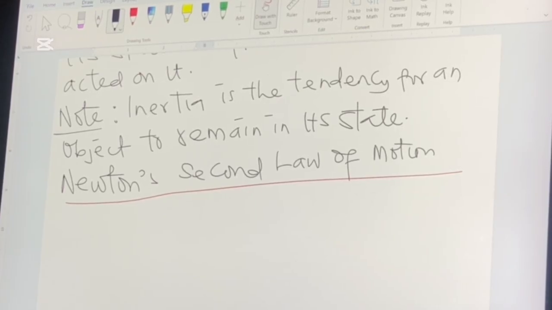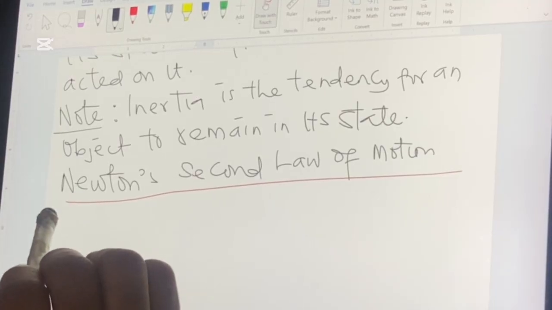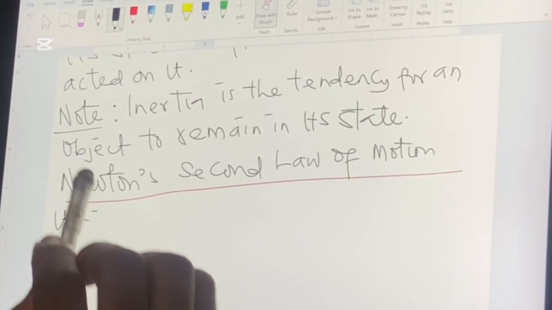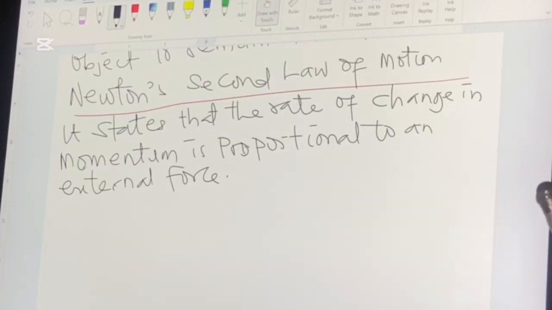It states that the rate of change in momentum is proportional to an external force. From this statement, class, let's write the mathematical expression of Newton's second law.